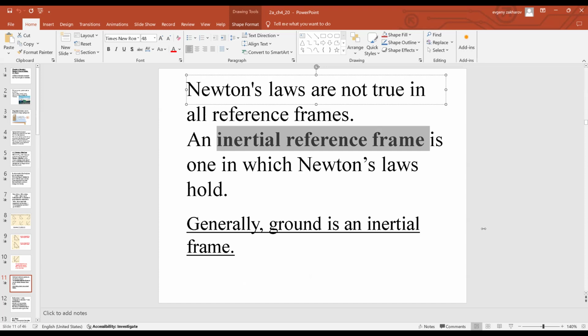And all of those are good for Newton's laws. But once your reference frame starts accelerating, it is not an inertial reference frame anymore. And you have to convert it to the one that is not accelerating. Otherwise, Newton's laws will not work.